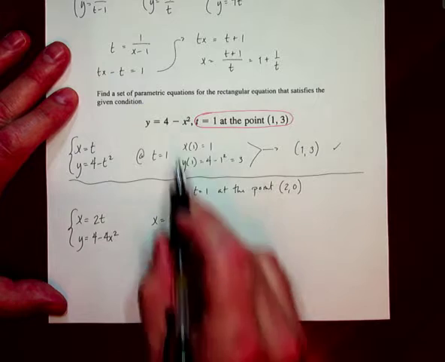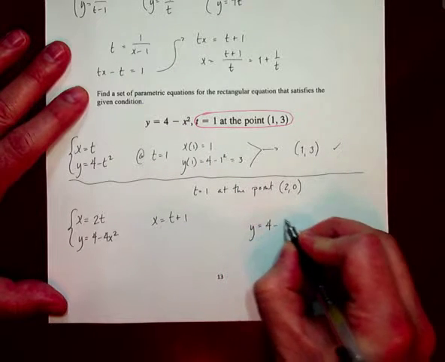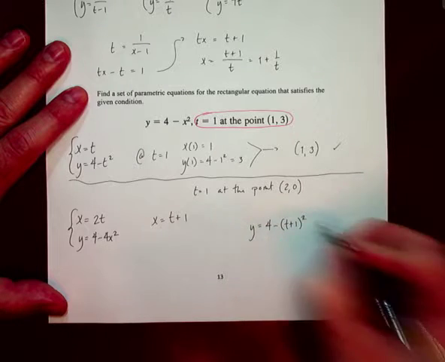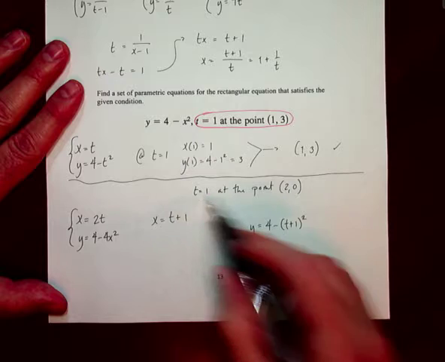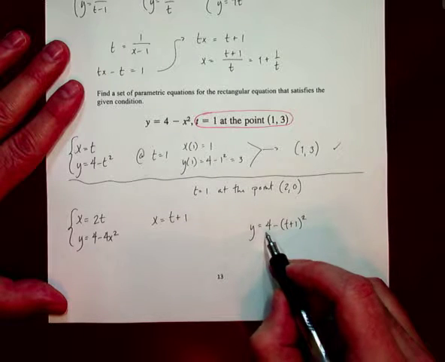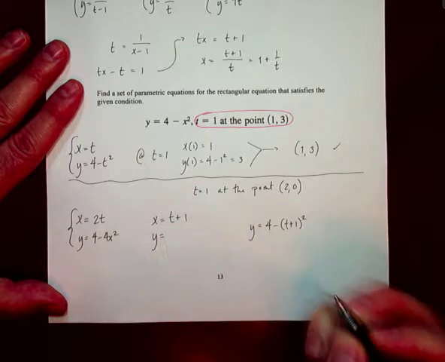Could I go ahead and say y is equal to 4 minus (t plus 1) squared? Well, let's plug in t is equal to 1 into that. I'm going to get 4 minus 2 squared. Yeah, and I could simplify it, but I don't have to.